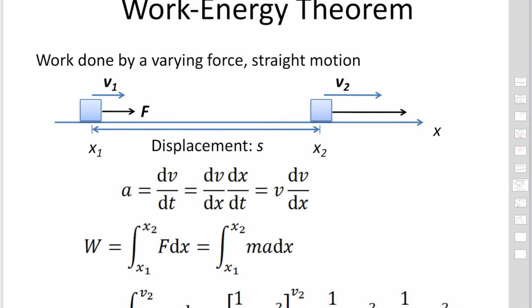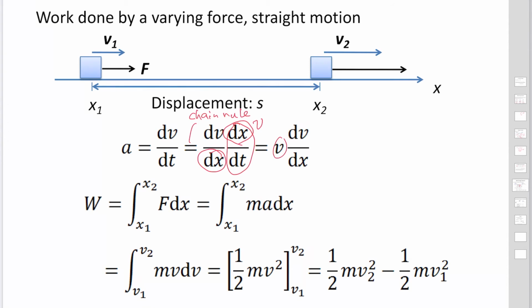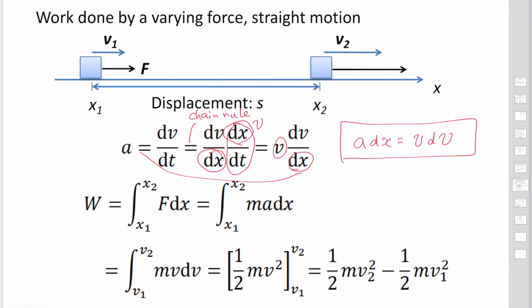Applying the chain rule, dv/dt equals dv/dx times dx/dt, and dx/dt is v. So a equals v times dv/dx. Moving dx to the other side, a dx equals v dv. This is an important equation.